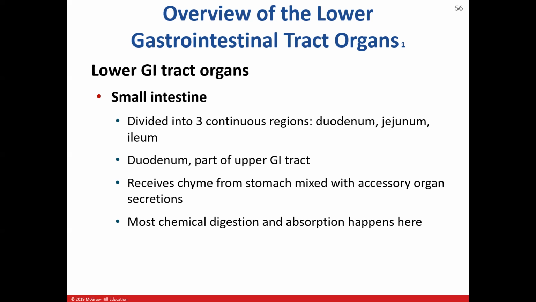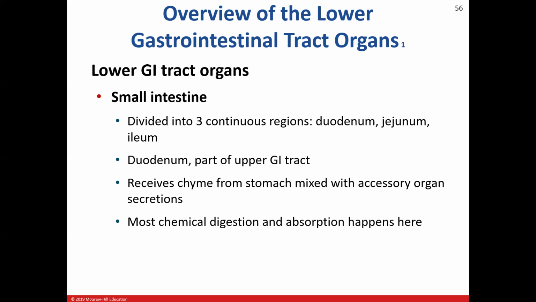As we know, the stomach enters into the duodenum, and I want you to think of the duodenum as a mixing area. Well, I shouldn't say part of the lower GI tract, because it's part of the upper GI tract, but it is the part of the small intestine that is a mixing area, because the duodenum receives the chyme from the stomach, and the stomach has already inserted some of its digestive enzymes, and it's mixing it up like a cement mixer.